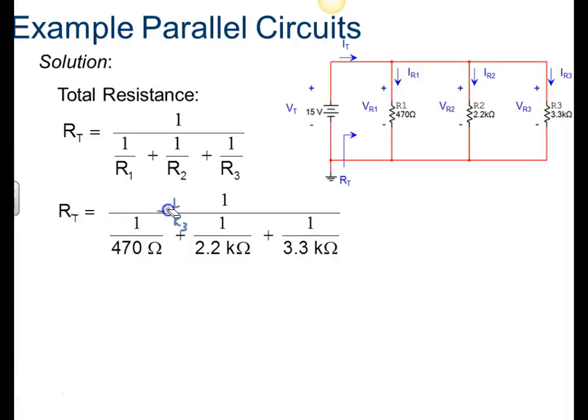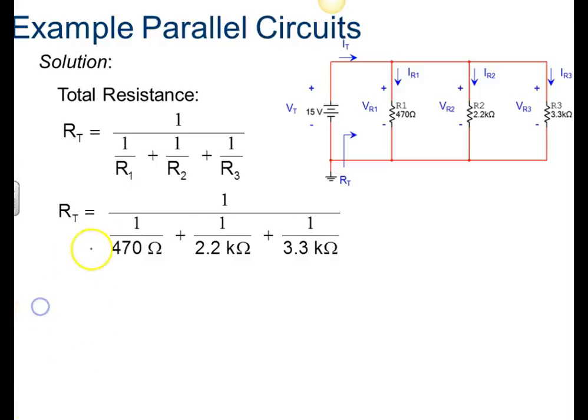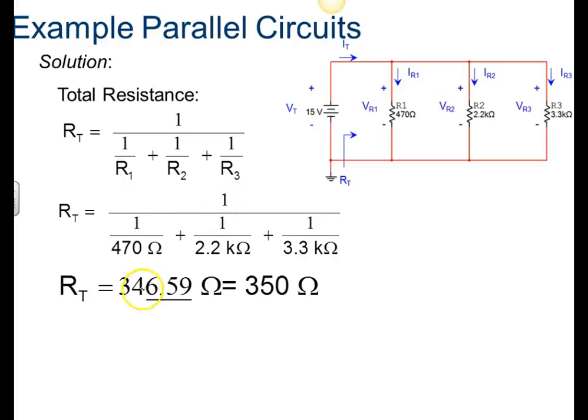I actually prefer the version that I wrote, but that's fine. It leads to the same point. So this gives 1 over 470 ohms plus 1 over 2.2 kilo ohms plus 1 over 3.3 kilo ohms, and that's all over 1, and that gives 346.59 ohms, or 350 ohms total.